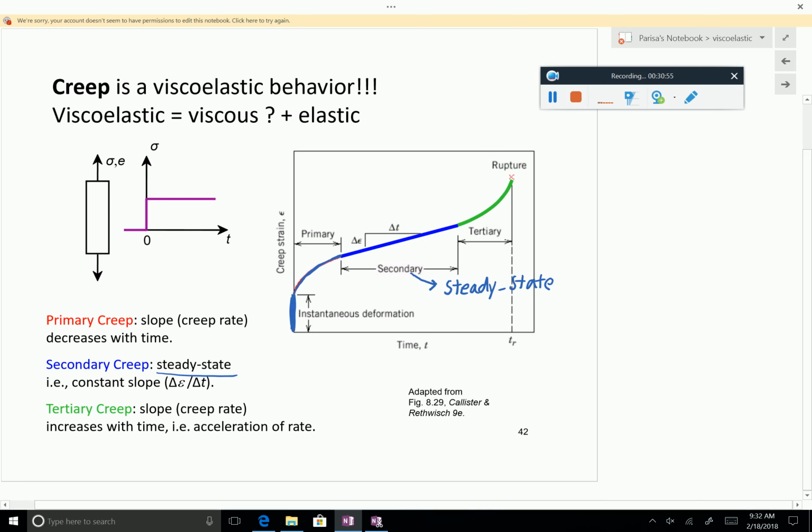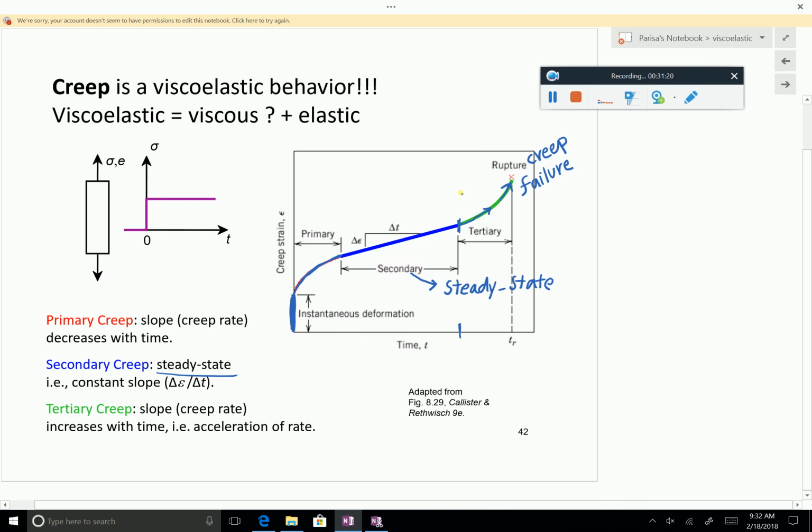And if the load is there for a long time, then you enter a tertiary phase, where the pace picks up and then it eventually leads to failure, rupture due to creep. So it is basically creep failure.